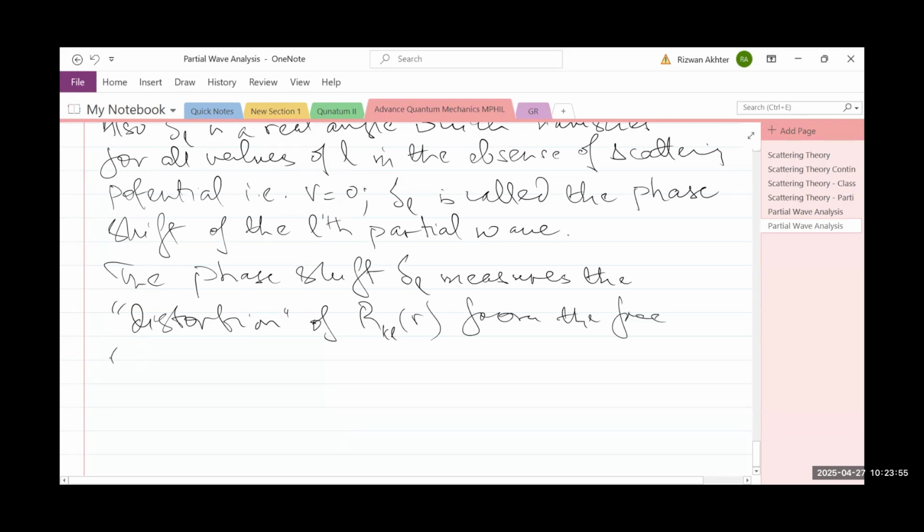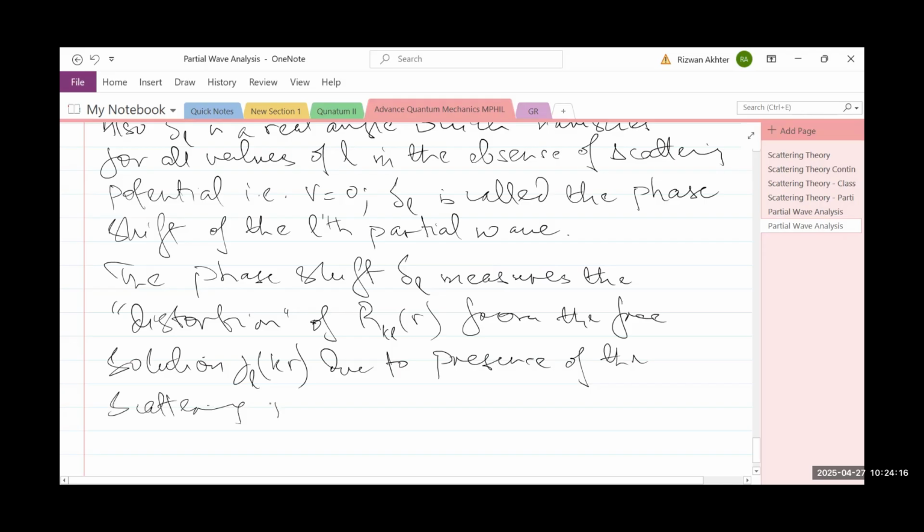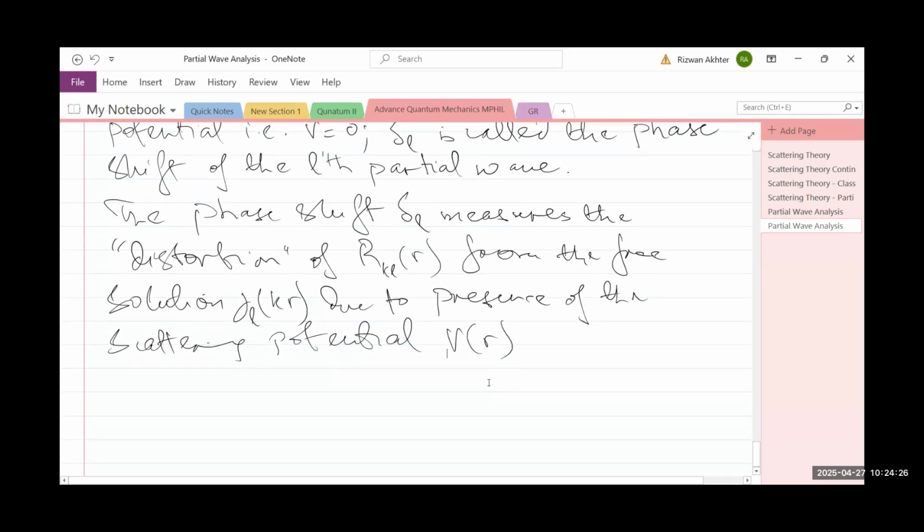And remember free solution क्या था, सिर्फ the spherical Bessel function J L of R, due to presence of the scattering potential V of R.